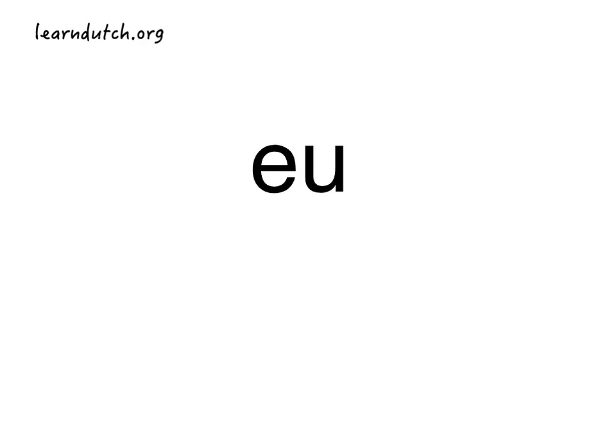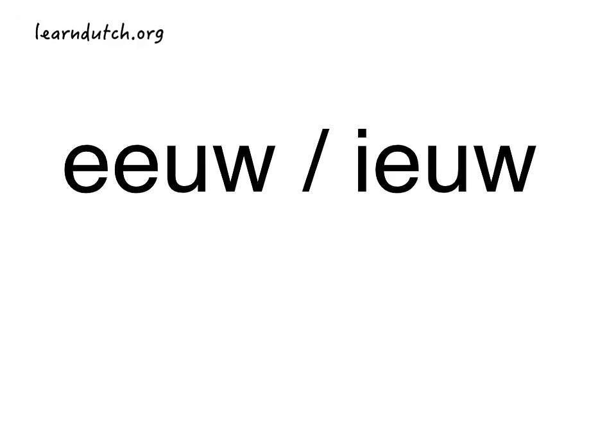E plus U makes eu, like in leuk, which means funny. These specific combinations are pronounced like eeuw, like in leeuw, which means lion, and nieuw, which means new.